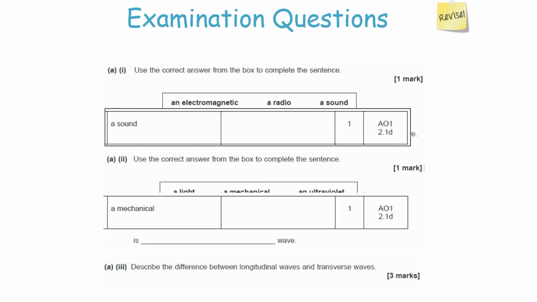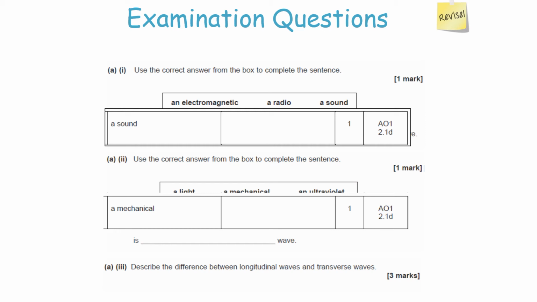Now remember, mechanical waves aren't an example of a wave, they're a category we place waves in. So a mechanical wave is any wave which vibrates particles, like a sound wave is a mechanical wave. So that's always going to be the right answer, because that's a category, not a particular type of wave.